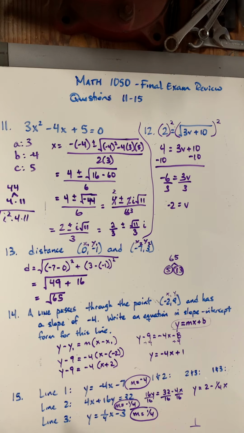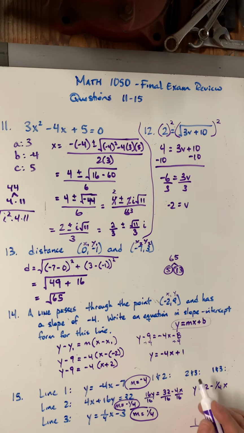And I need to compare those to determine whether the lines are parallel, perpendicular, or neither. So lines 1 and 2, this is 4, this is 1/4. So these are reciprocals of each other. So they're not the same, therefore they're not parallel. They're not perpendicular either because they would have to be opposite signs and reciprocals of each other.